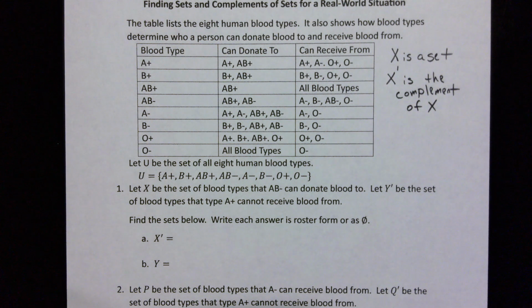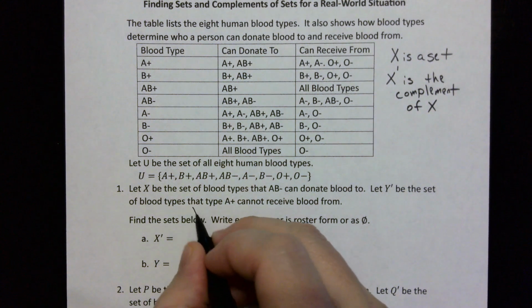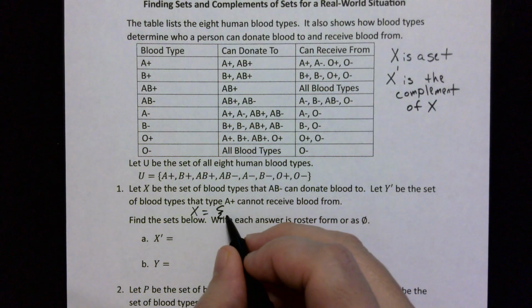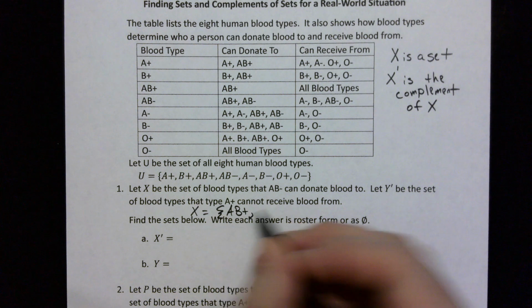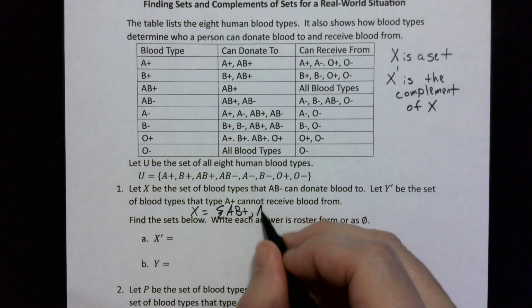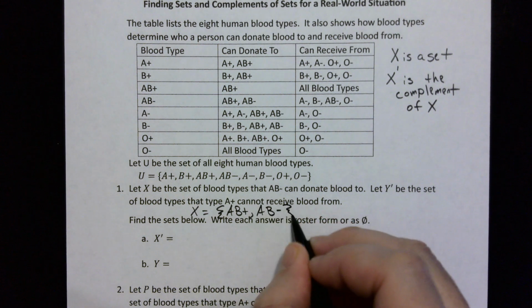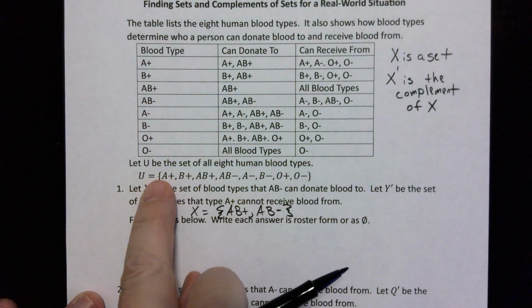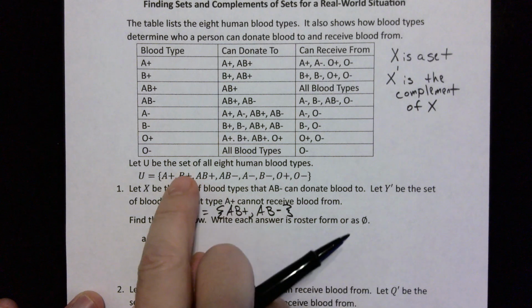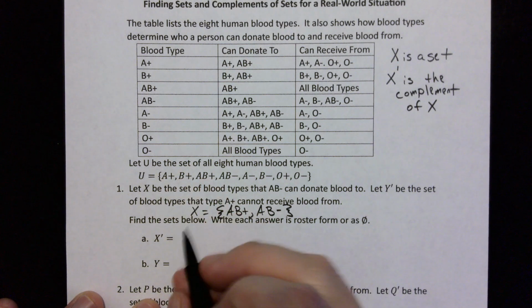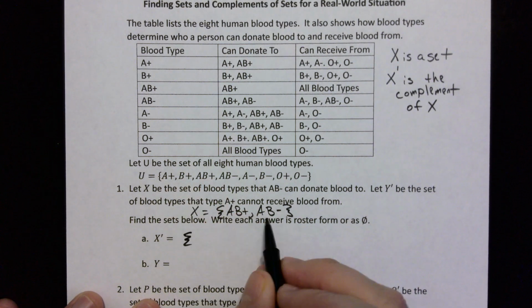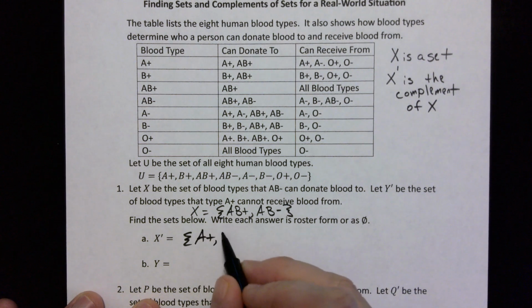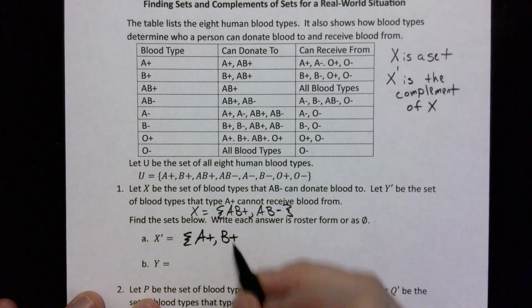If X is the set that includes AB positive and AB negative, the complement of that is everything except for those two. So we look at the universal set and write down everything except for these two things. It's the opposite of this. I'm going to write A plus because it's not here, B plus because it's not here.